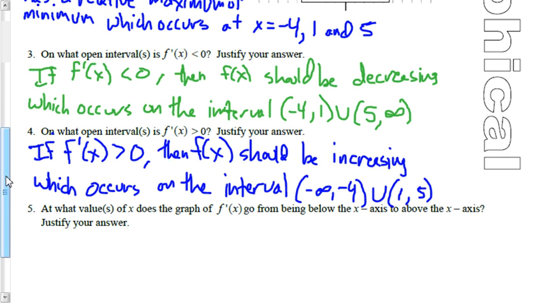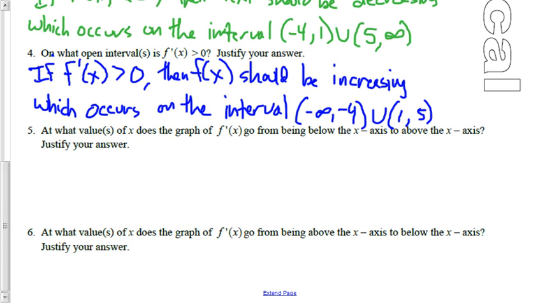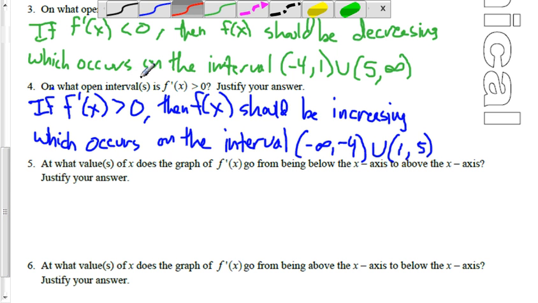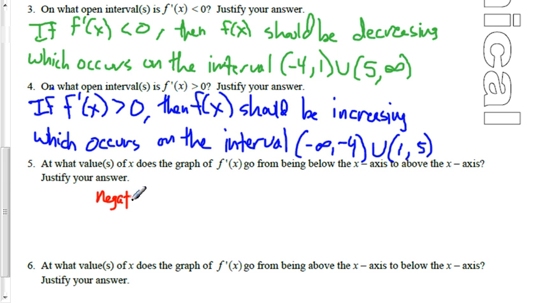Okay, now let's answer questions 5 and 6. It's another way to talk about what we did on 3 and 4. So at what value of x does the derivative go from being below the x-axis to above the x-axis? And this is about the derivative. So in order to go from below to above, I'm going to go from negative to positive.